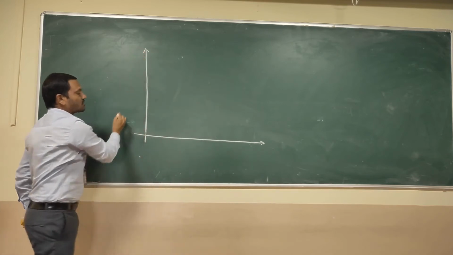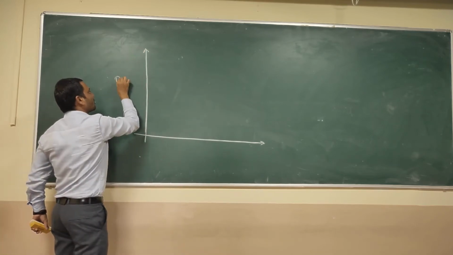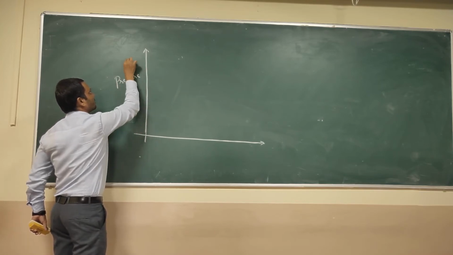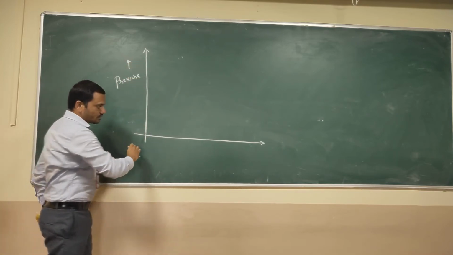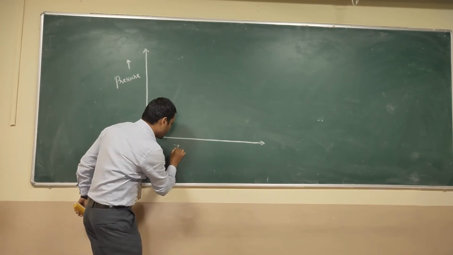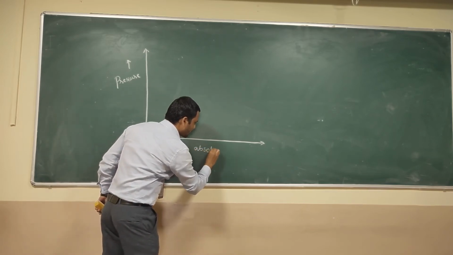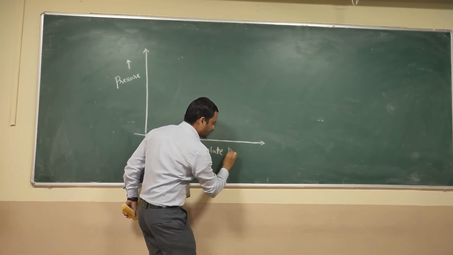This y-axis we call the pressure, and this x-axis we call the zero absolute pressure.